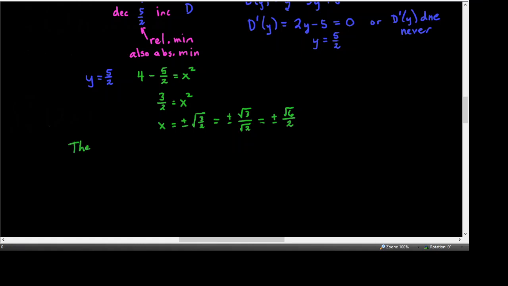The points closest to 0, 2 are positive square root of 6 over 2 paired with 5 halves, and then negative square root of 6 over 2, comma 5 halves.